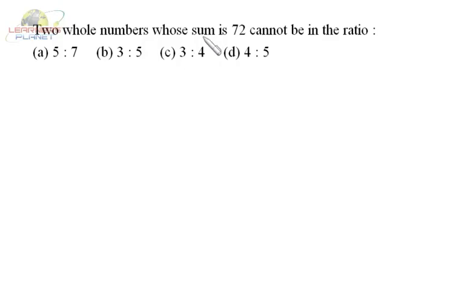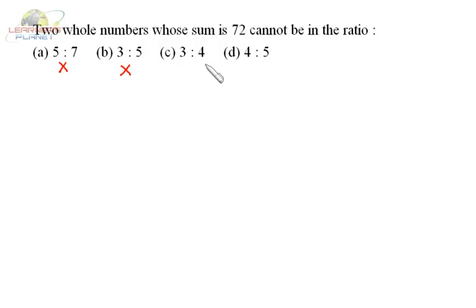Okay, and 12 is a factor of 72. That means 72 can definitely be divided in the ratio 5 is to 7. So it cannot be the correct choice. Now 3 is to 5, it is 8. 8 is also a factor of 72. That means 72 can be distributed in the ratio 3 is to 5. So even it won't be the right choice.